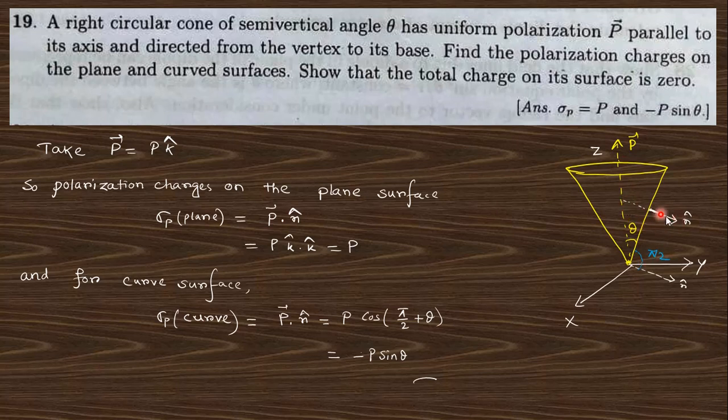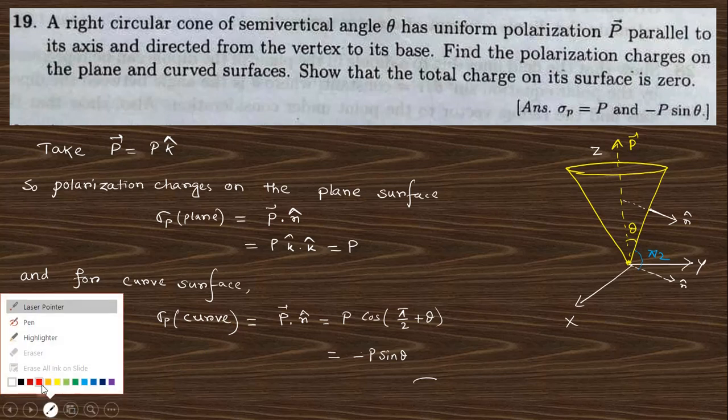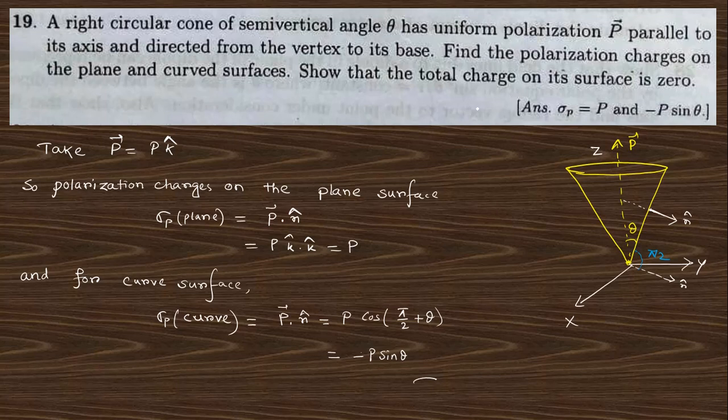If you draw a parallel here, you can see the angle will be pi by 2 plus theta, and cos of pi by 2 plus theta is minus sin theta. So on the curved surface this will be the charge density.